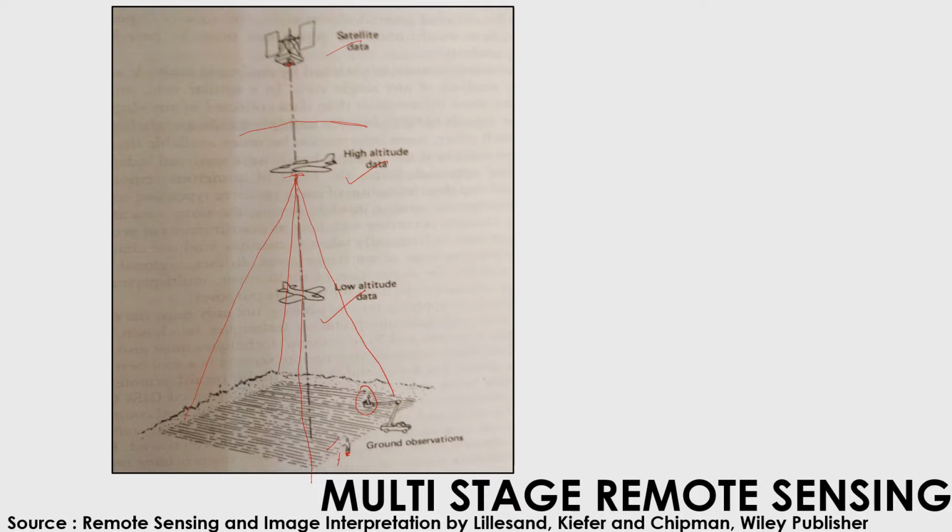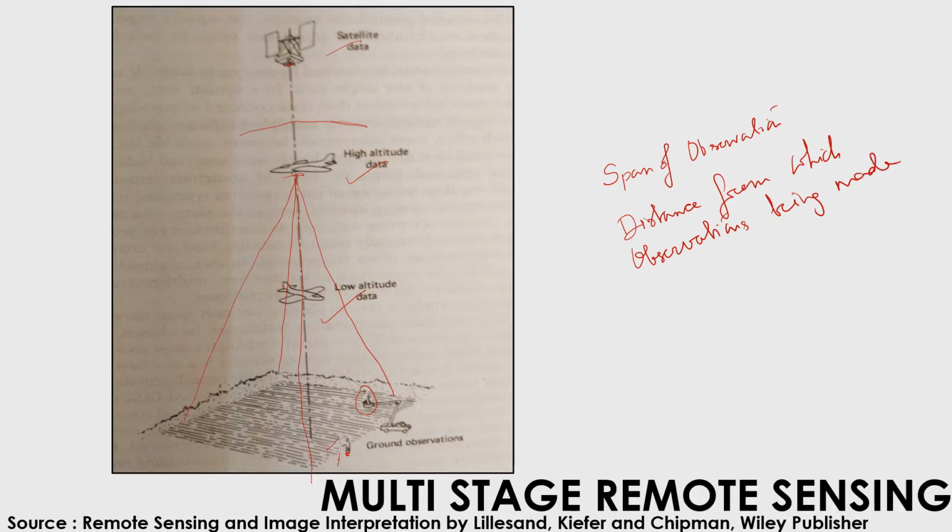So, in case of remote sensing, you can understand the span of observation and the distance from which observations are being made or captured. These two are very important for remote sensing, remotely sensed images.